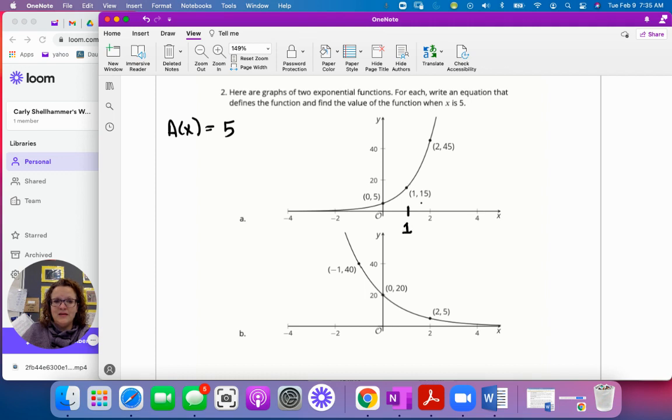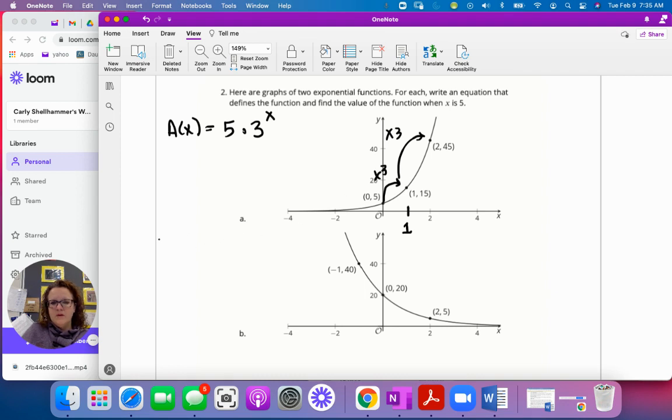I think that's a tripling. And then input 2 is 45, because 15 times 3 is 45. Yep, so I'm tripling each time period. So 5 times 3 is 15, and then times 3 is 45.